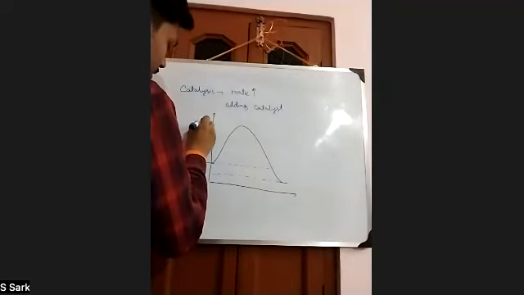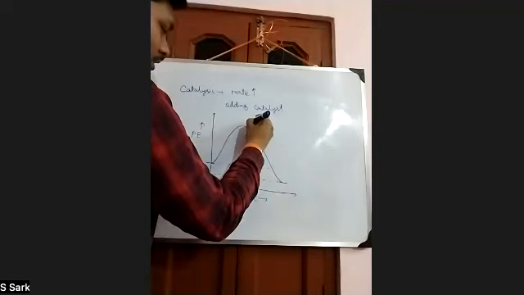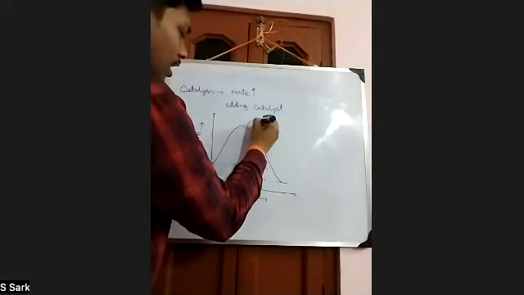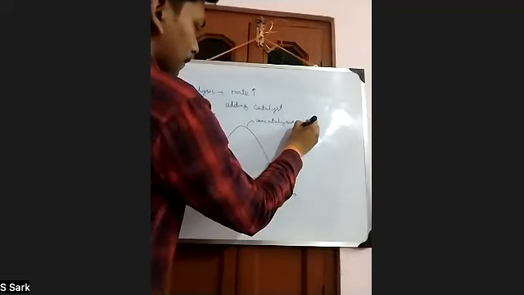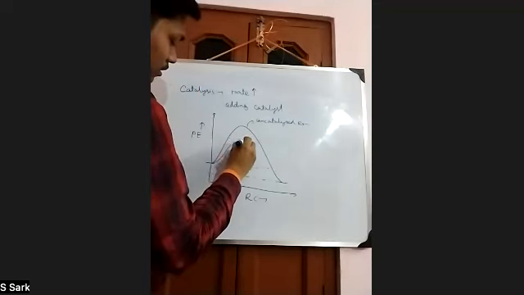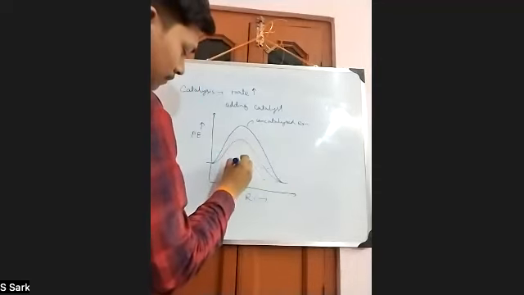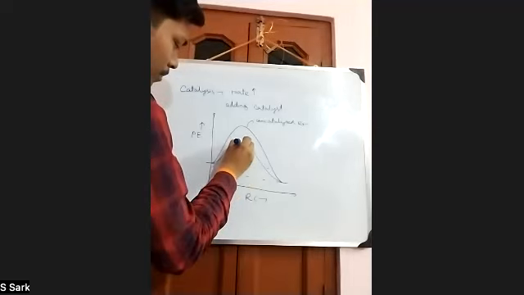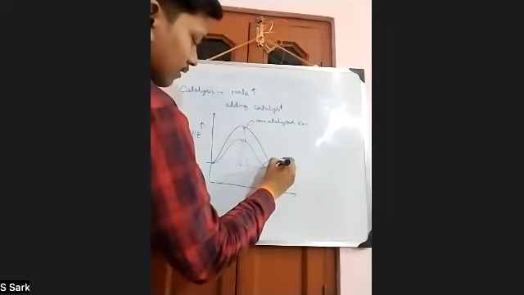This diagram is for an uncatalyzed reaction. But if we use a reaction with catalyst, then this is EAC, and this is EA.